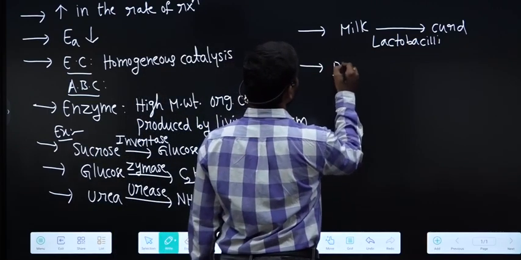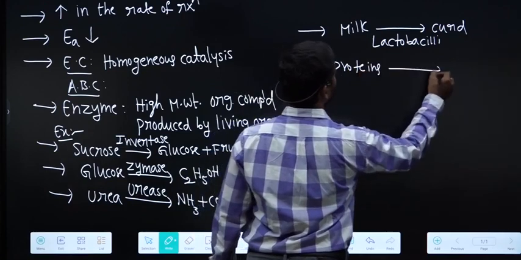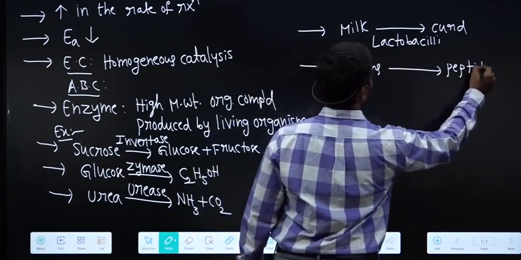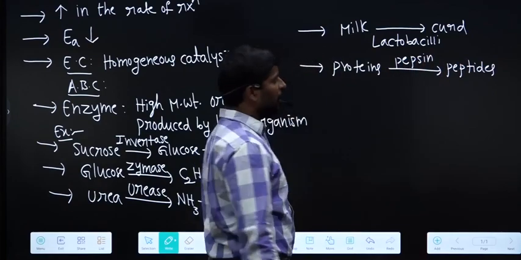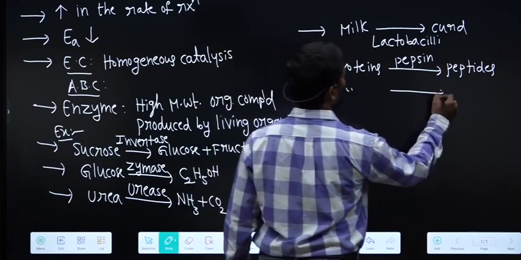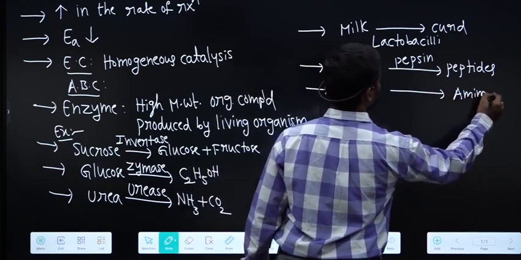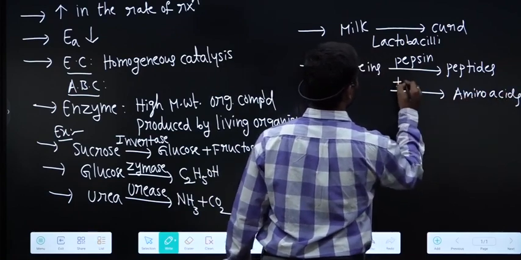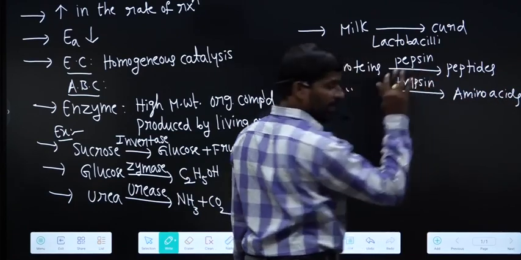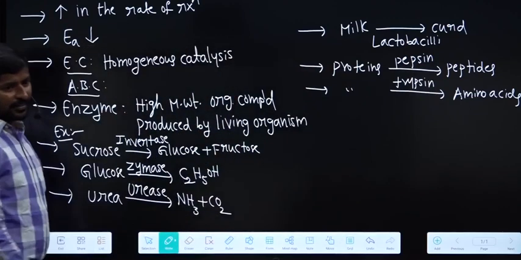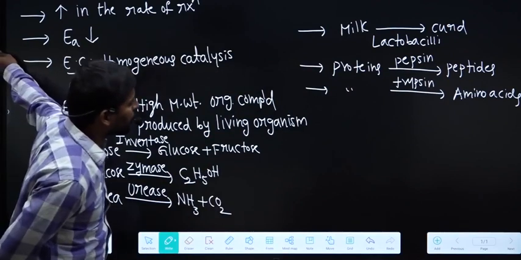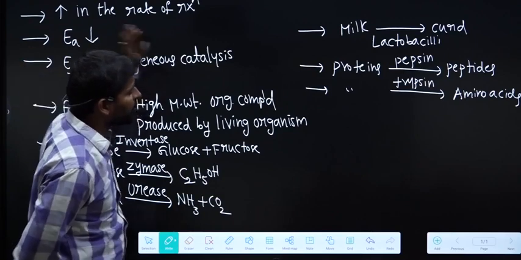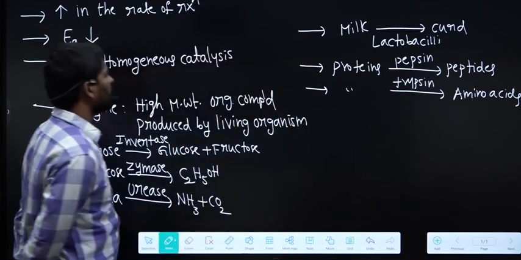Proteins to peptides is catalyzed by an enzyme, pepsin. Proteins to amino acids is catalyzed by trypsin. Like this, we have so many enzyme catalysis reactions. Proteins are converted to peptides by pepsin, and proteins are converted to amino acids by trypsin.